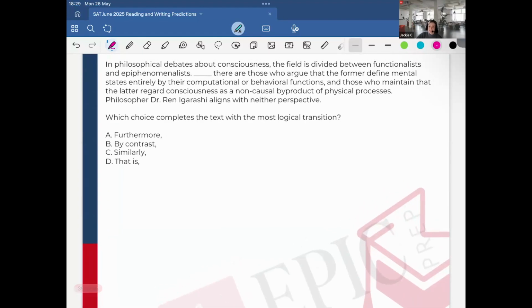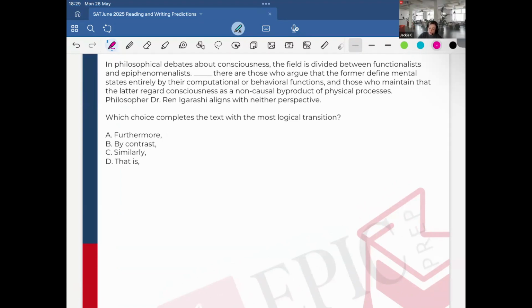In philosophical debates about consciousness, the field is divided between functionalist and epiphenomenalist. Well, there are those who argue that the former define mental states entirely by their computational or behavioral function, and those who maintain that the latter regard consciousness as non-causal byproduct of physical processes. Philosopher Dr. Renegarshi aligns with neither perspective.